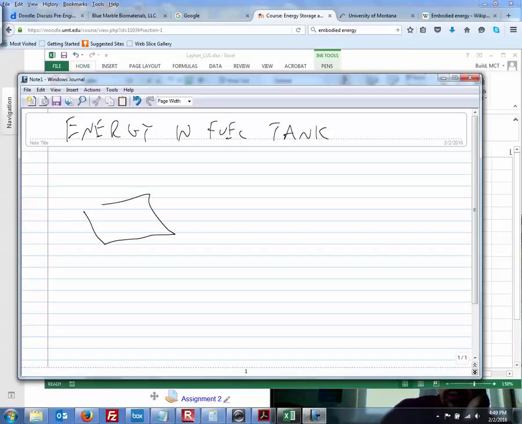So here's the tank in the truck. It's partially full. Most fuel tanks are going to be anywhere between 10 and 30 gallons, depending on how big the vehicle is. So we could fall somewhere in the middle and just say a 20-gallon tank.